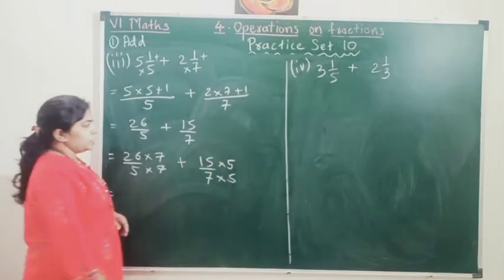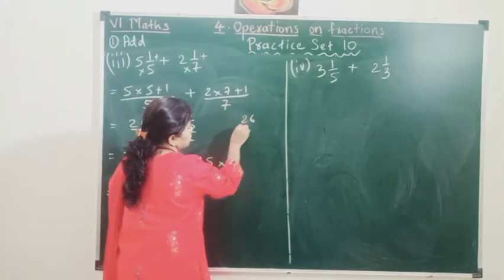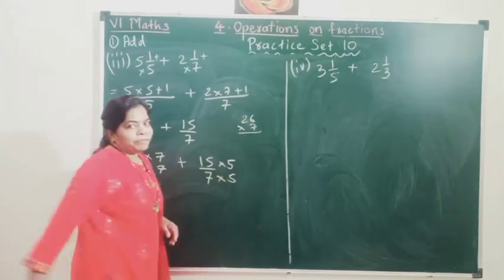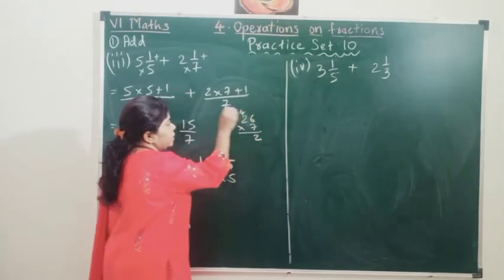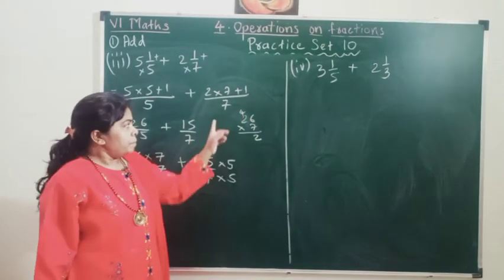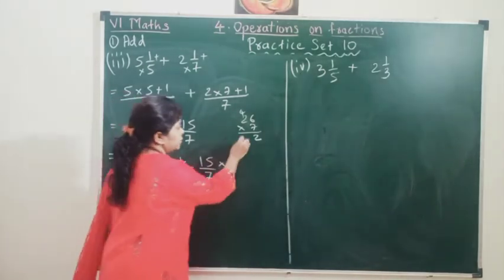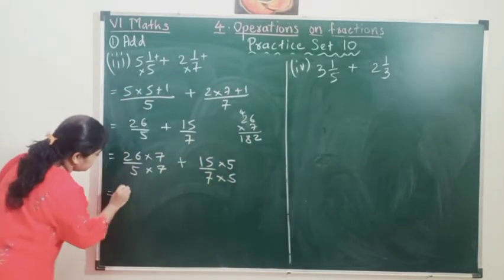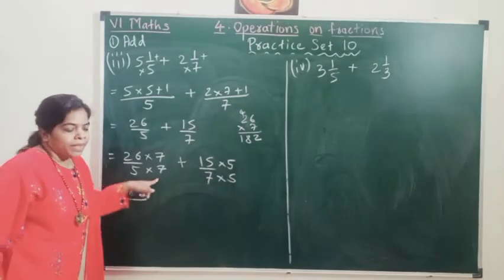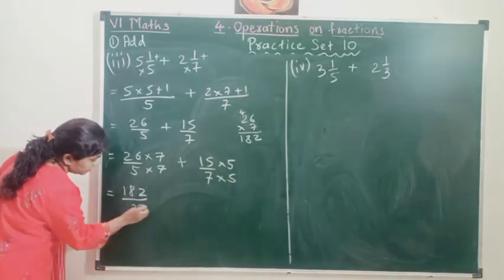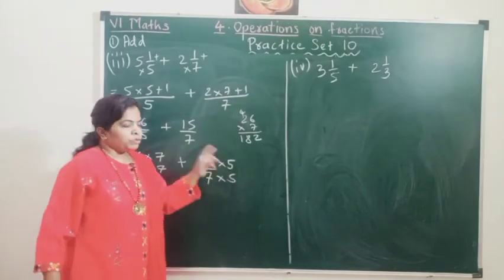Now we will multiply them. 26 into 7, children. 7 6s are 42. 7 2s are 14 plus 4, 18. 5 7s are 35. 15 into 5.